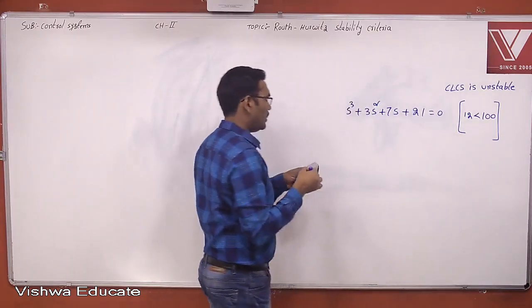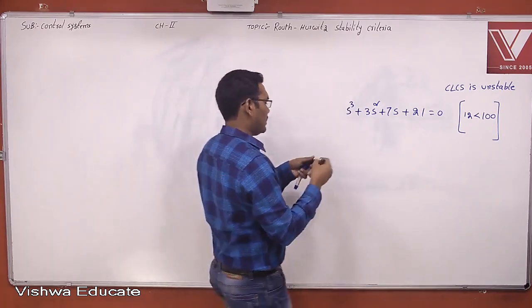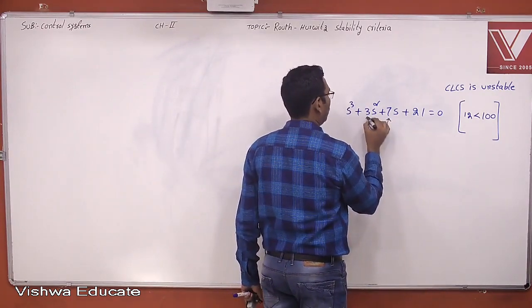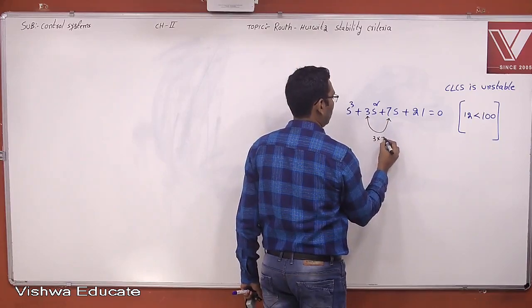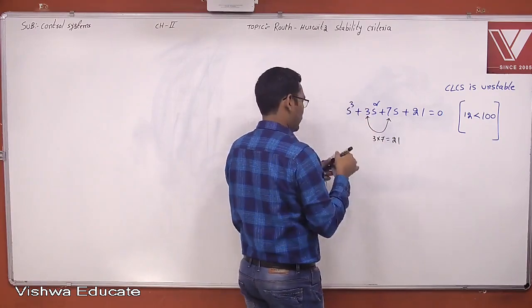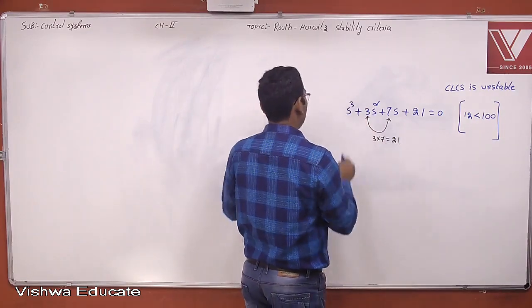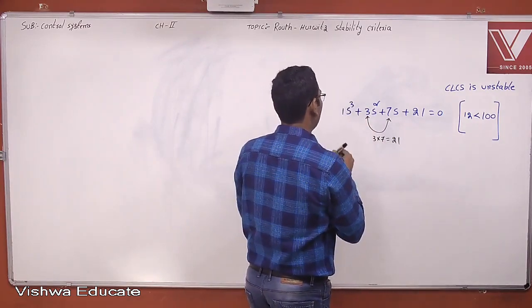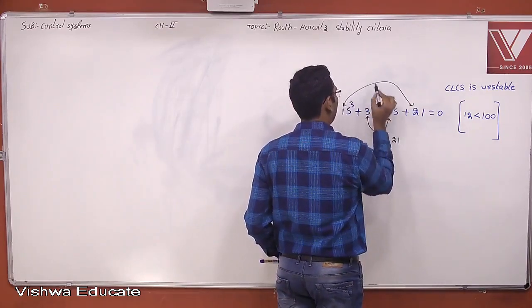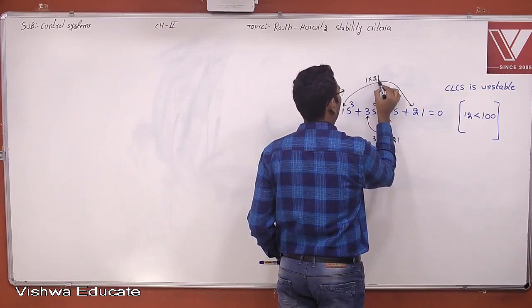If you see here, this is a characteristic equation of order 3. The internal quotient product 3 into 7 is equal to 21. The external quotient product 1 into 21 is equal to 21.